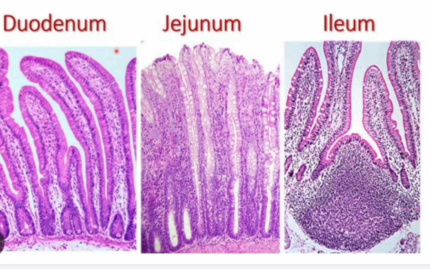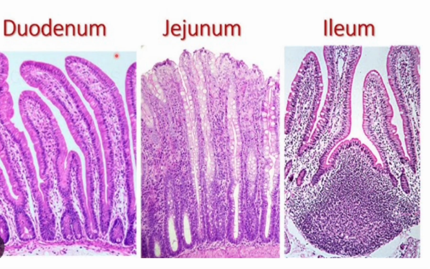In the duodenum, in the submucosa, we will mainly find the glands, though glands in the jejunum and ileum are not absolutely absent. The size of the villi gradually decreases as we go down.